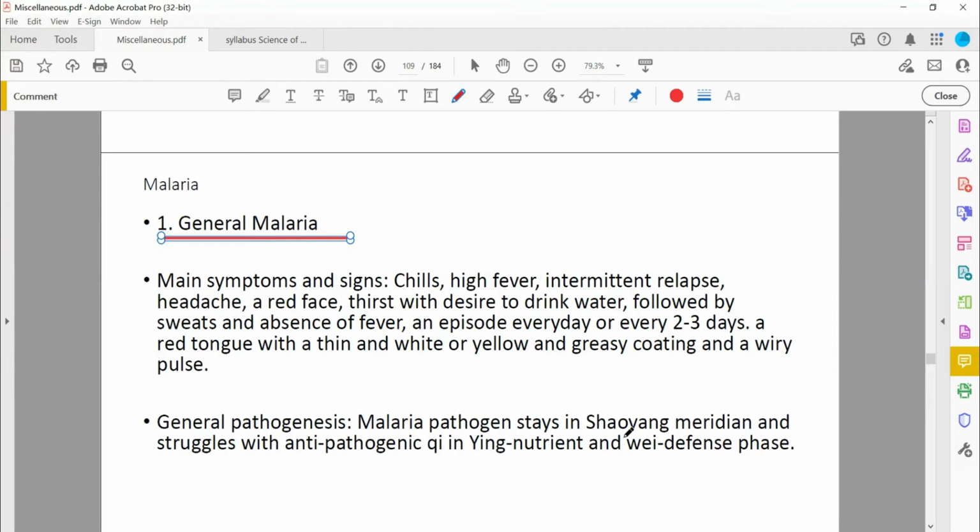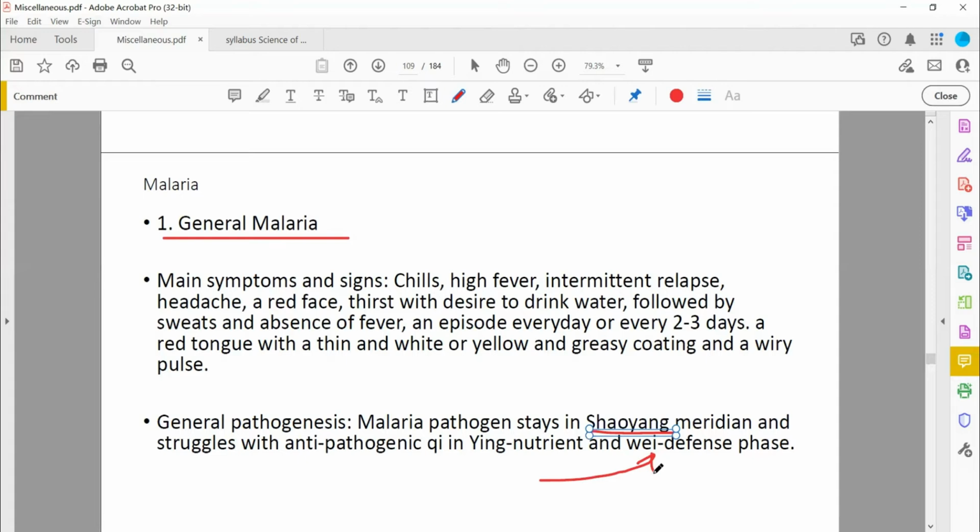Malaria pathogen stays in the Shaoyang meridian, right? Shaoyang meridian, and struggles with the anti-pathogenic qi in yin nutrients and wei defense. So when the pathogen, first they will affect the wei defense level, the wei qi, right?